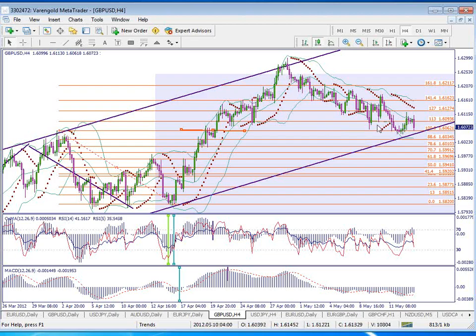So I have new possible targets 113, 127, 141. It's not usual to have 161.8 or higher. Most of the time, the pair is reaching 127, 141 Fibonacci level for the third wave.